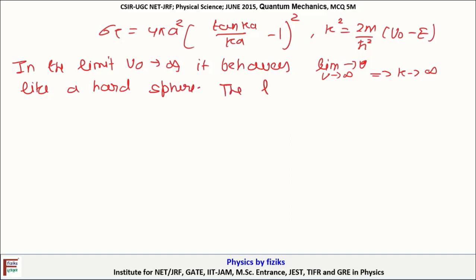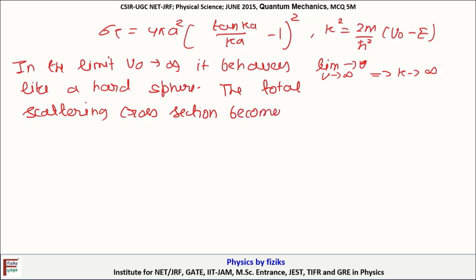The total scattering cross section becomes sigma t equals 4 pi a square.